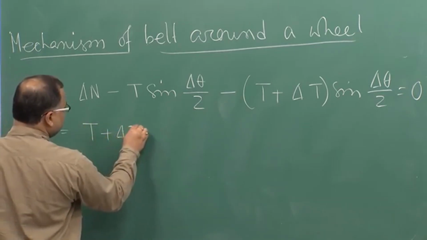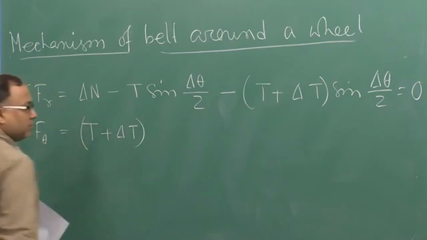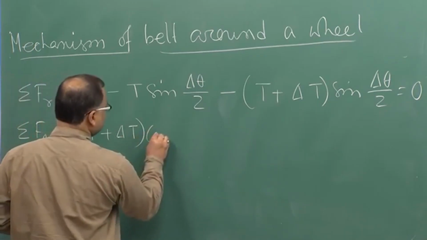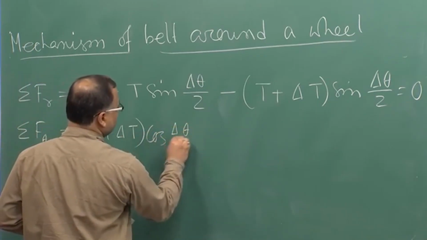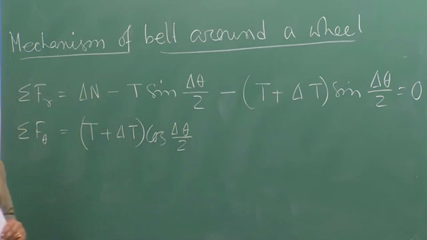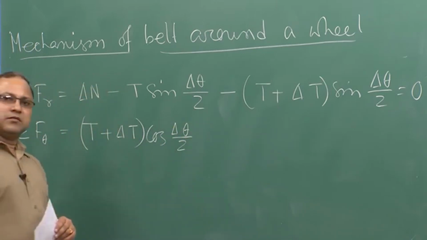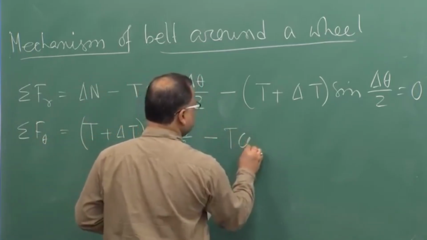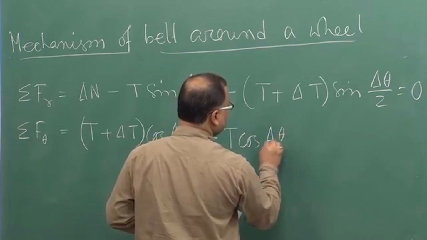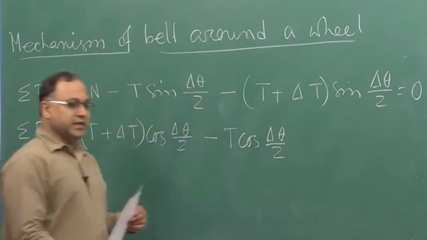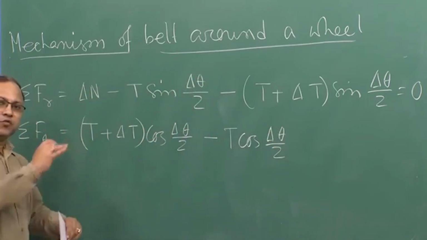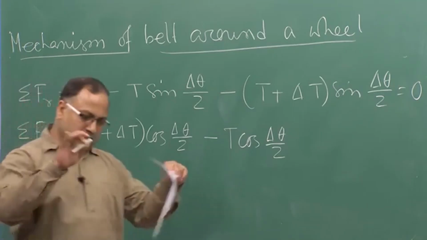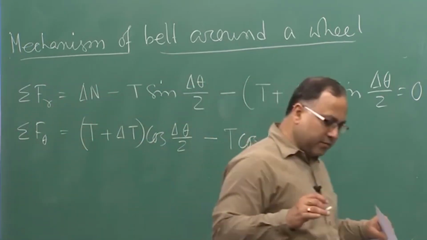T plus delta T, cos delta theta by 2, along the tangential direction, minus, opposite, T cos delta theta by 2. Anything else? So, these two forces are acting in the tangential direction.